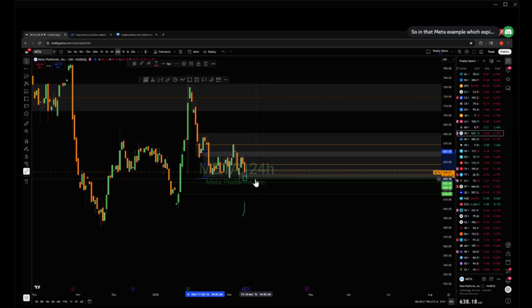Has Meta broken anything that guarantees me a new low? No. Expiration at a week, for the floor. And you have the wicks, which obviously price has been allotted to move down and then completely reverse upon at a week. Then we get the empty space.